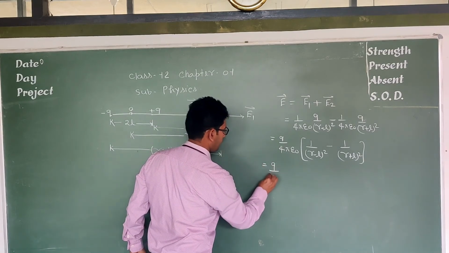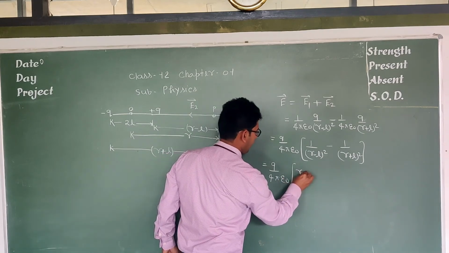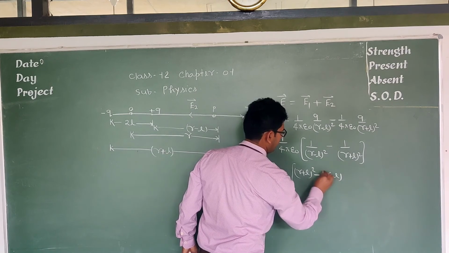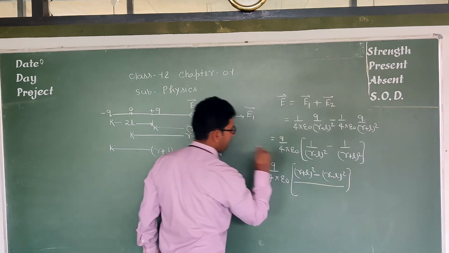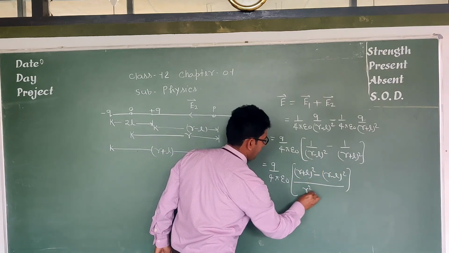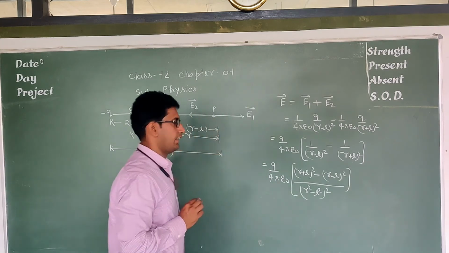And after solving, Q by 4 pi epsilon naught, we can write R plus L whole square minus R minus L whole square, divided by the product of both, that will be R minus L whole square times R plus L whole square.